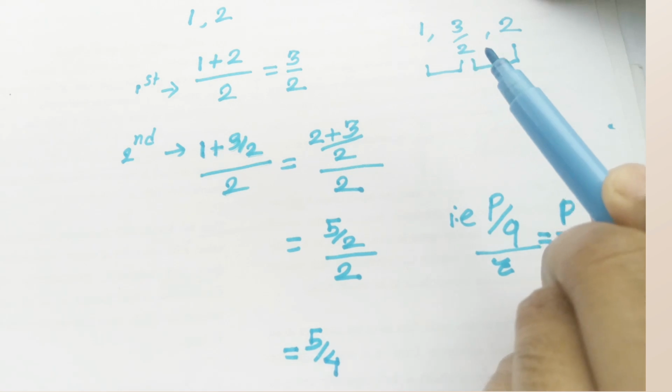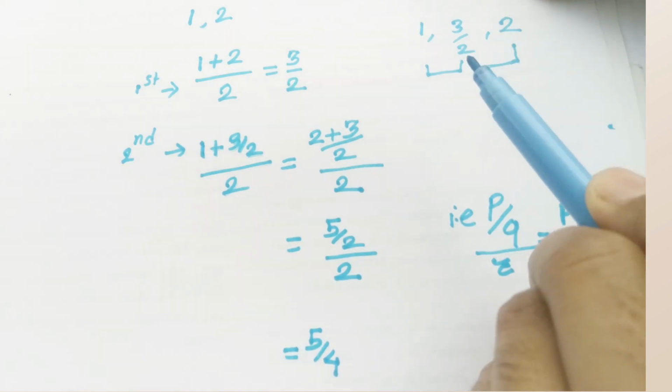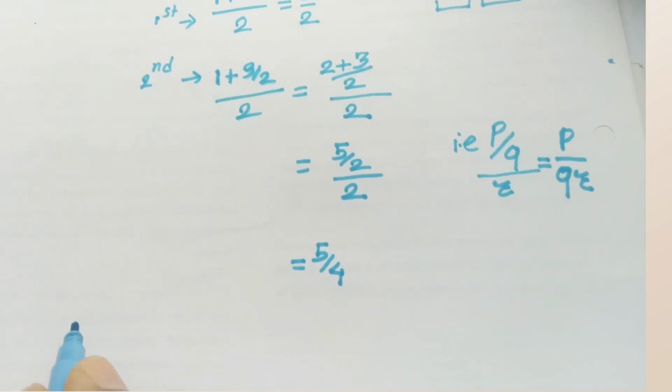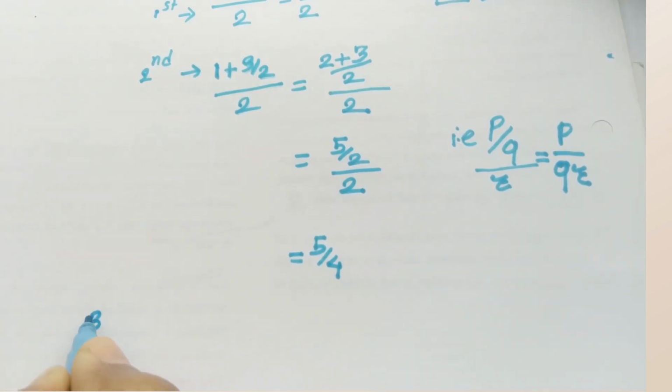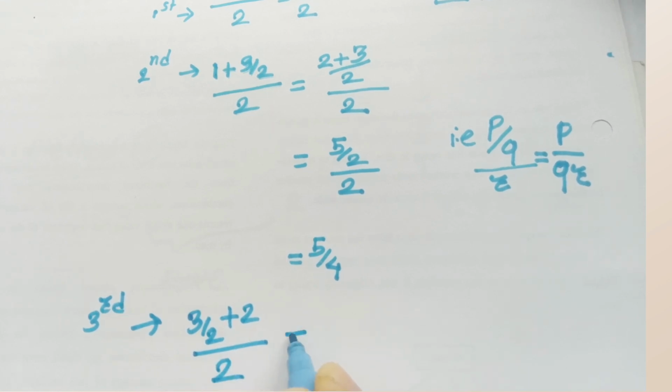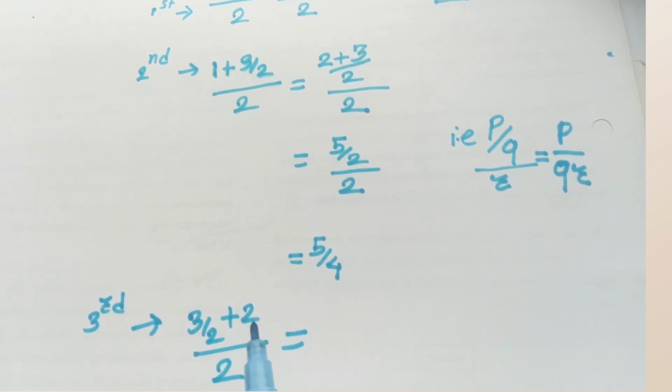Now we have to find the next rational number which lies between 3 by 2 and 2. So for the third rational number, I am taking the average of the next two numbers, that is 3 by 2 plus 2, divided by 2. Again here you have to add these numbers, cross multiply and then add, that is 2 into 2 is 4.